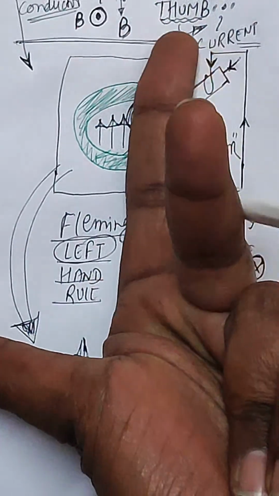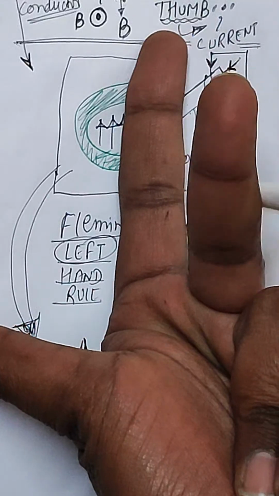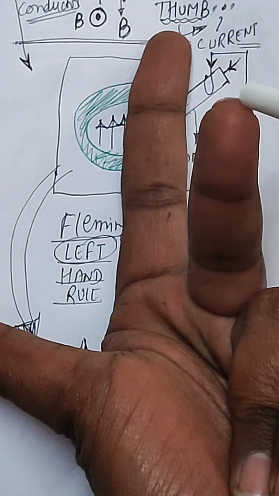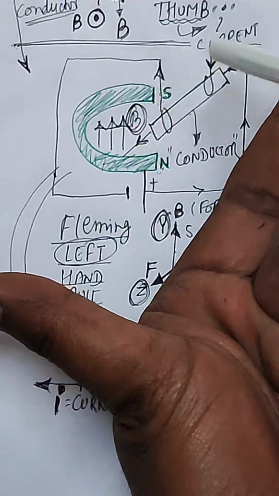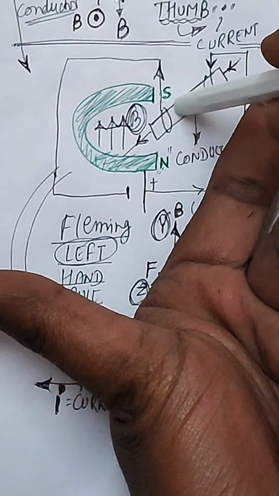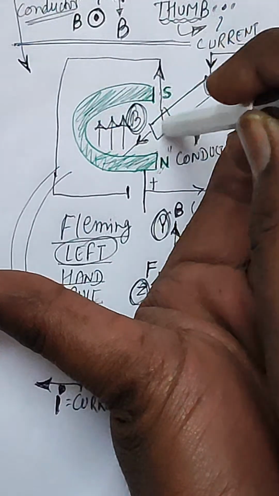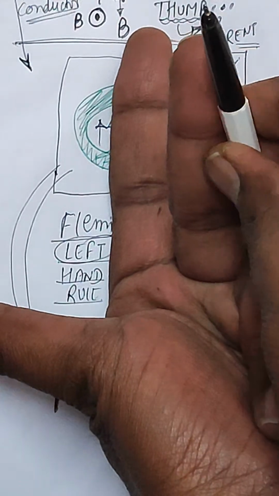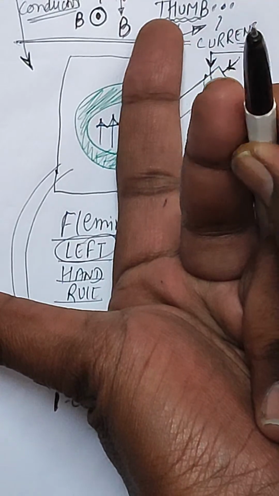This is the middle finger, you can see. This will give you the direction of the current, because this conductor is hanging over here and standing perpendicular to the plane of this magnetic field. So you can see the direction of the pen. This will give you the current.